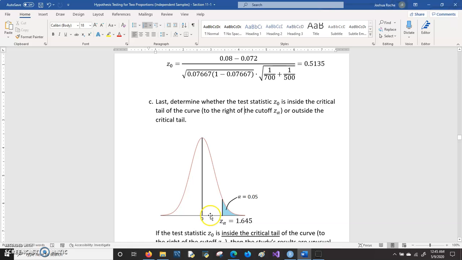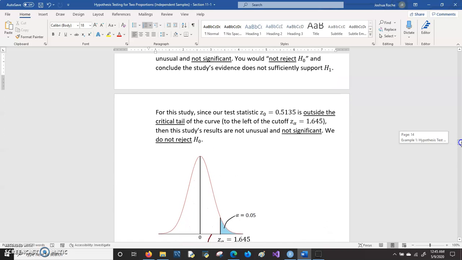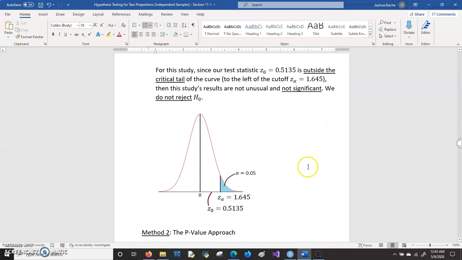So our test statistic is outside of the critical tail. And here's a drawing of that. So it's outside the critical tail. And since our test statistic is outside the critical tail of the curve, then this study's results are not unusual, not significant, and we would not reject the null hypothesis.